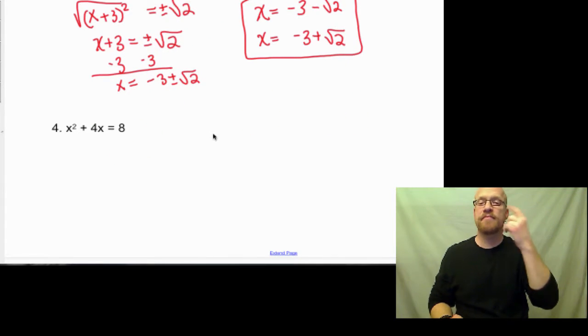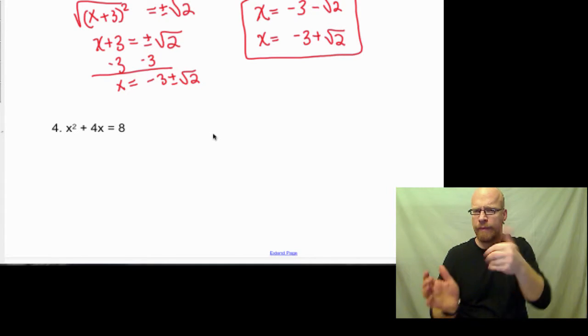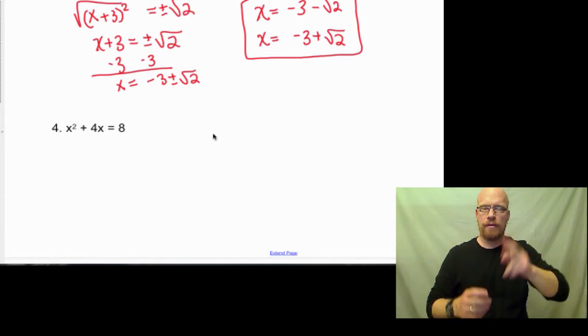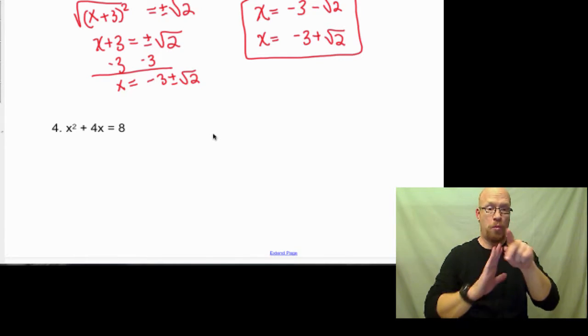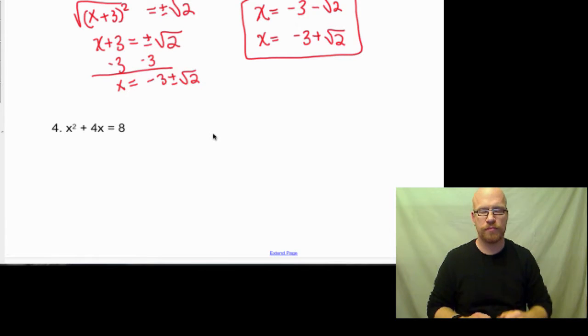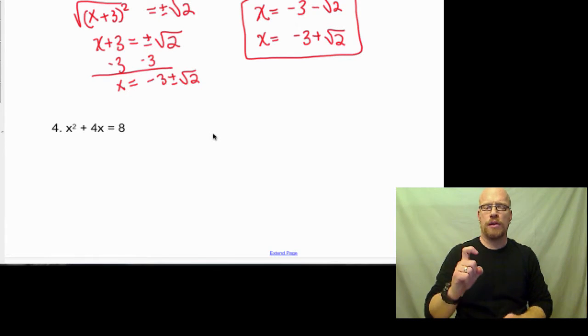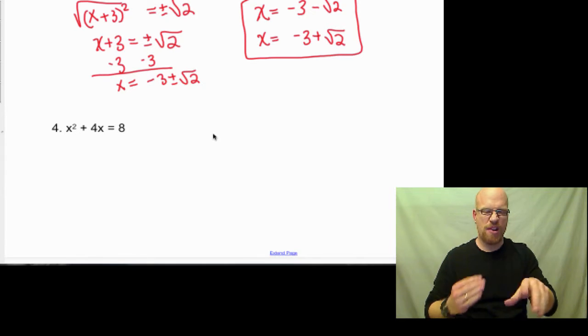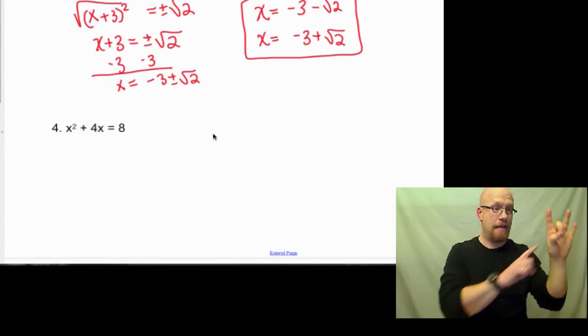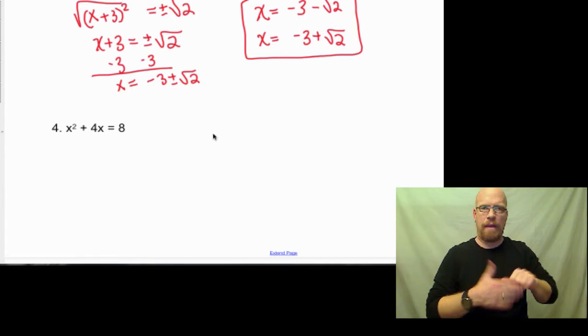Okay, now for this example, again, I want to complete the square. I want to use the square root property to figure out an answer as well. x squared plus 4x. I'm going to add the dash there, and then I'm not going to move the 8 over.